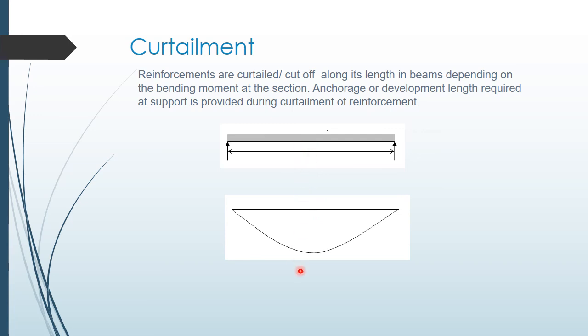If you see, as the moment reaches the support, the value gets to 0. If we want to provide the same number of bars while the bending moment in this area is reduced, we actually waste our steel bar. In simple words, to offer economical design, the bar is curtailed at the section where it is no longer required to resist flexural or bending moment.